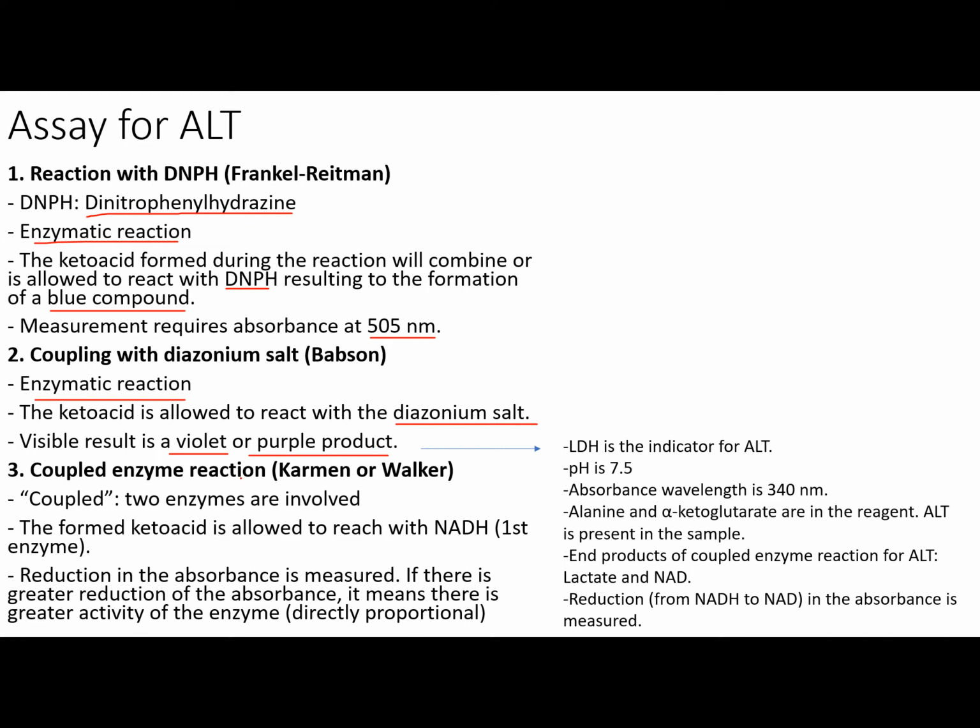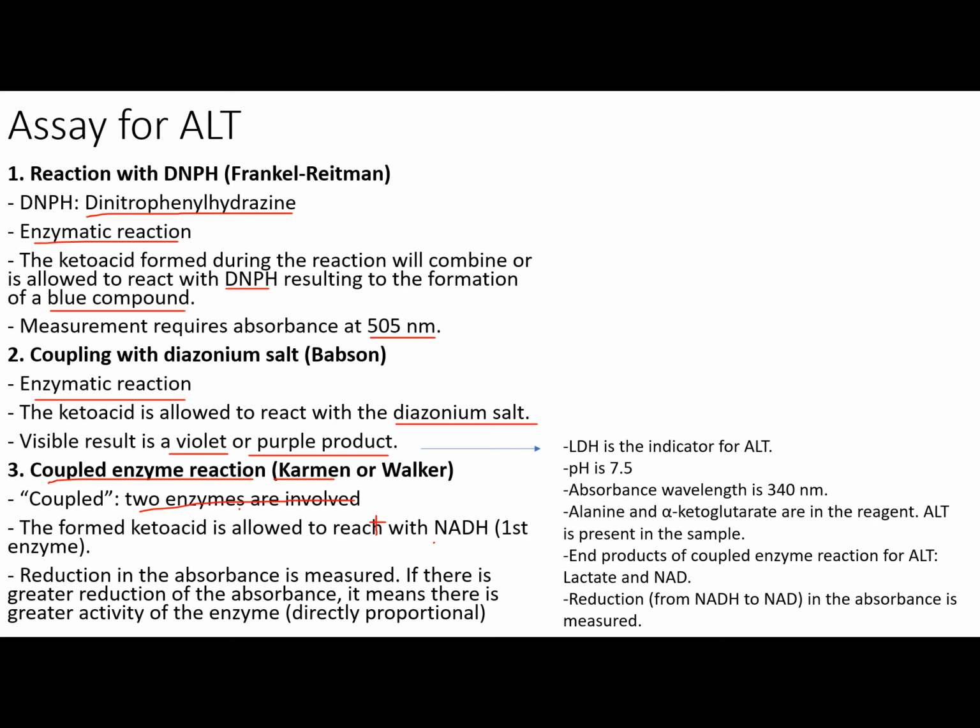Then the one that is also used in AST, class, the coupled enzyme reaction, the Karmen or the Wroblewski method, or the Karmen test. Coupled, this is wherein two enzymes are involved. The formed keto acid is allowed to react, class, with NADH. So NADH is the first enzyme.